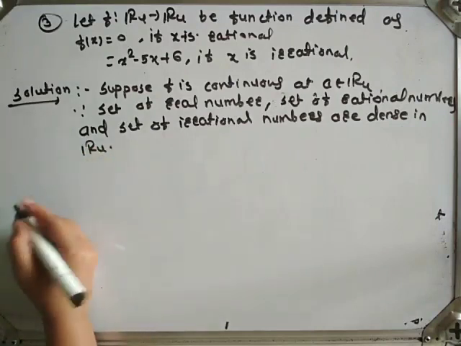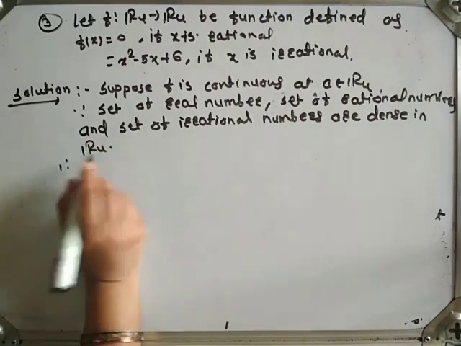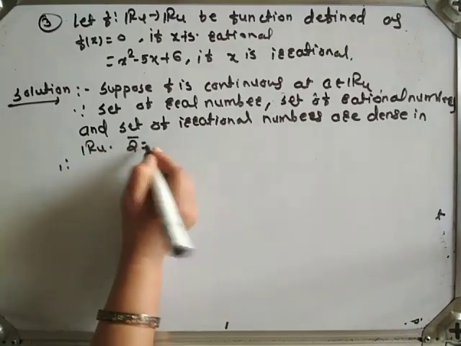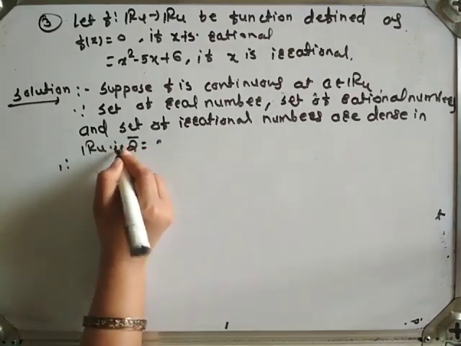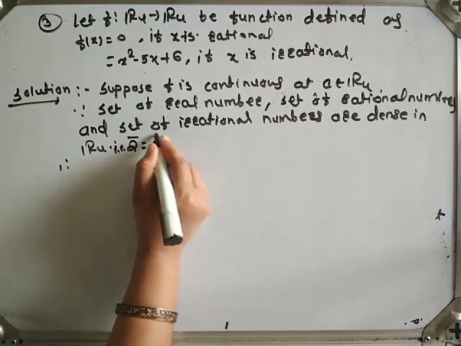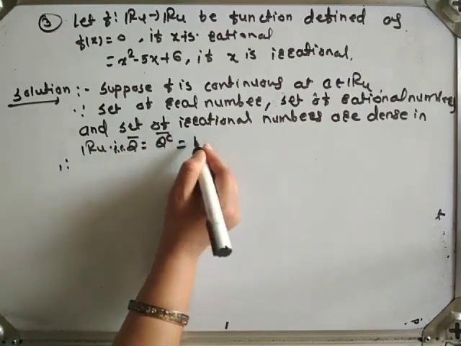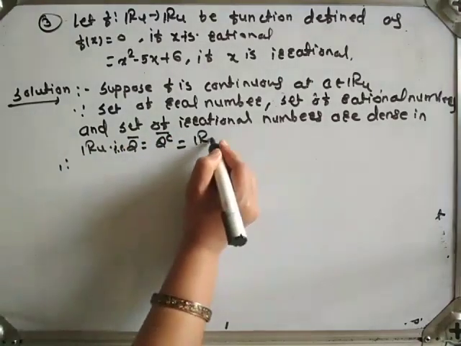Therefore, what does dense in R mean? The closure of Q is equal to the closure of the complement of Q, which is equal to R.